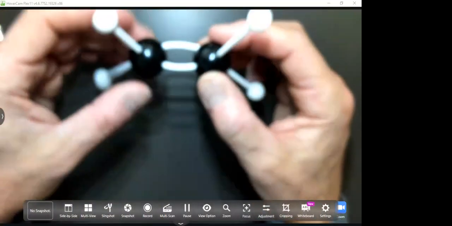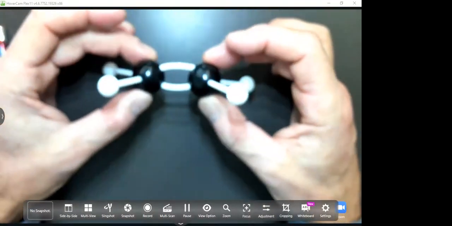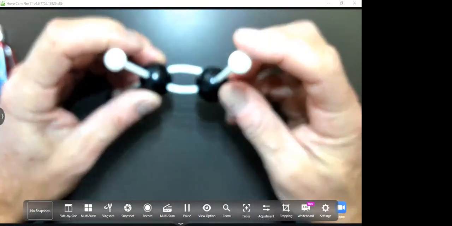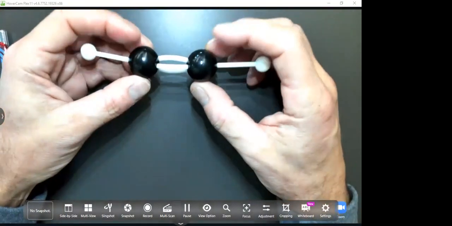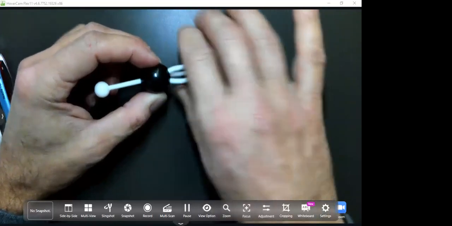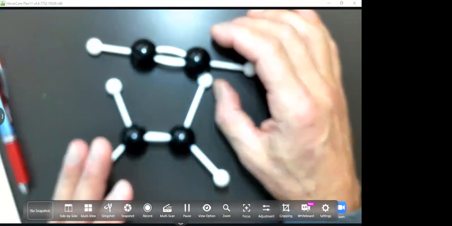The next video is going to be two carbons that are sp2 hybridized, which is this structure, carbon-carbon double bond, two hydrogens. The third video will be two carbons that is sp hybridized, which explains triple bonds. Hybridization will also explain why we get double and triple bonds.